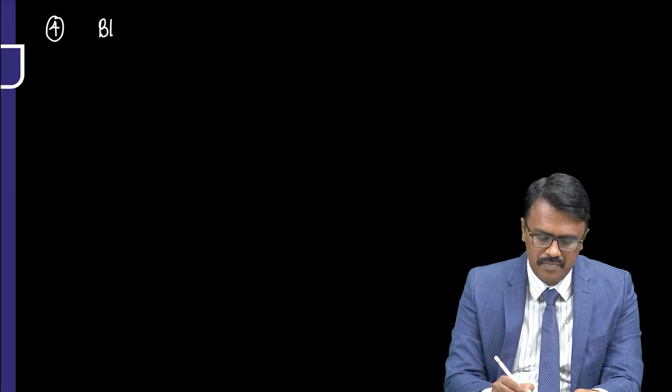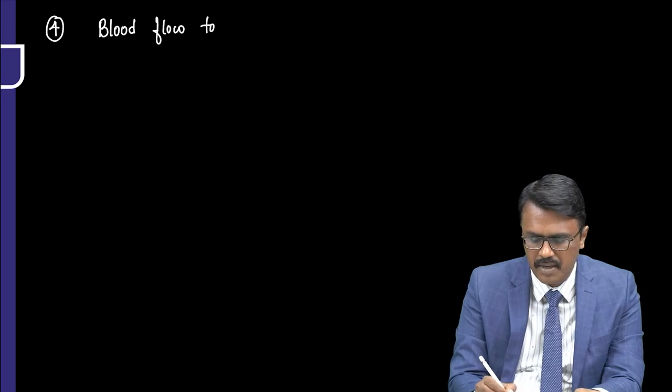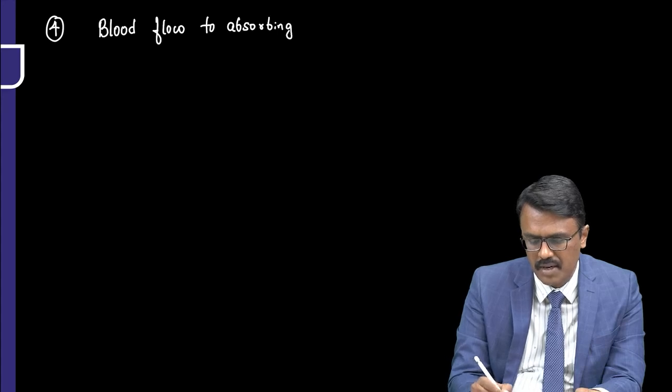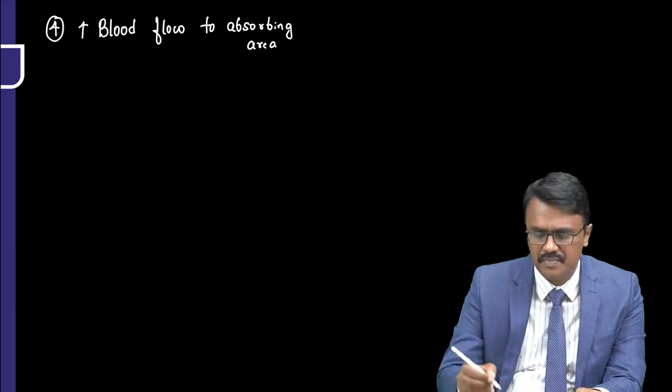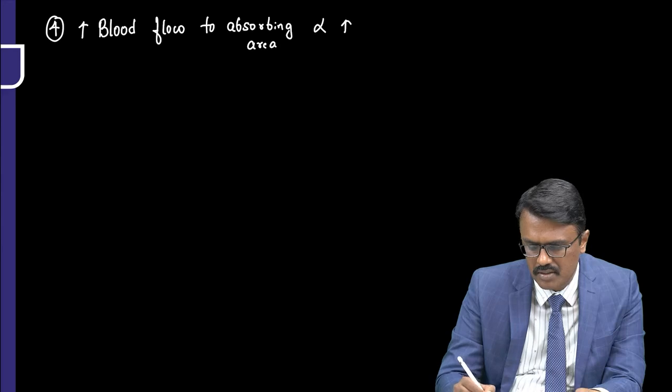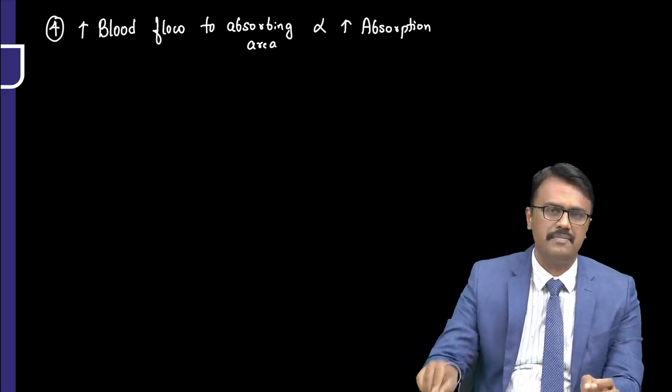Now the fourth factor is the blood flow to the absorbing area. Obviously if you increase the blood flow to that area, usually the absorption also increases. I'll give you one example here.